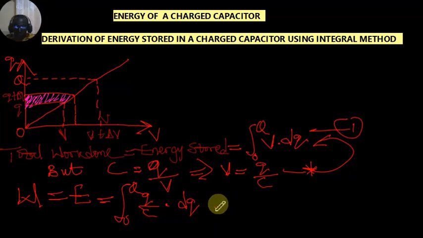Now at this point, we cannot integrate charge with respect to capacitance, so we need to bring the capacitance outside the integral. If we are going to do that, let's go to the next page.